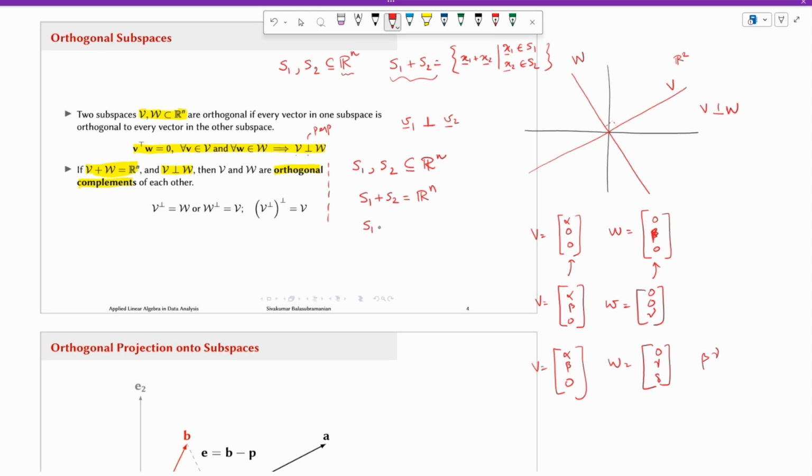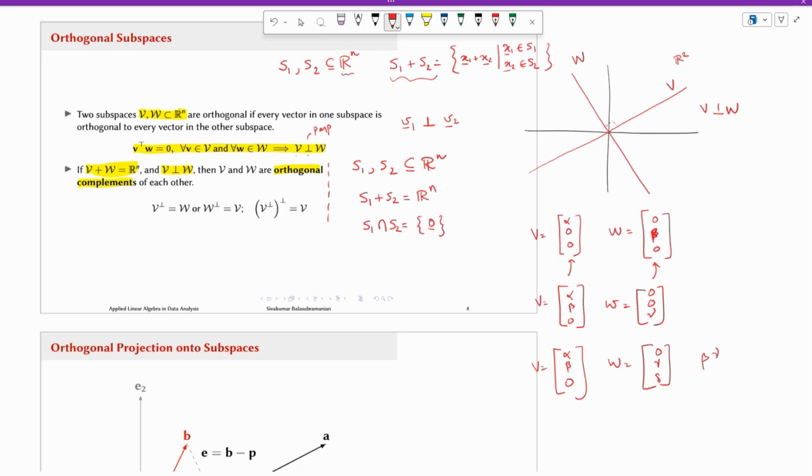And if the intersection of these two subspaces is 0, that essentially means they don't have anything in common.